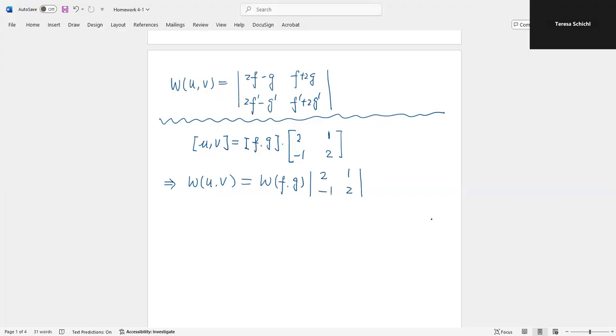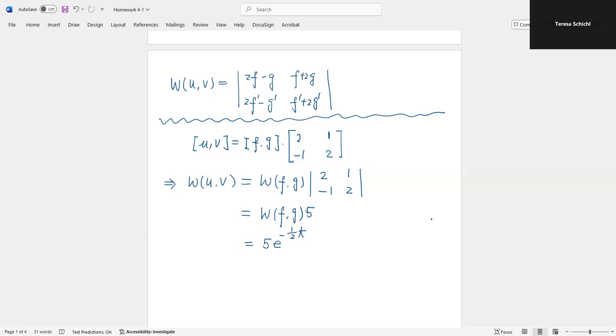This determinant will just be 5. So the Wronskian of u and v is 5 times the Wronskian of f and g, which the problem gave us as e to the negative 1/2 t. So this will be 5e to the negative 1/2 t. It's pretty simple.